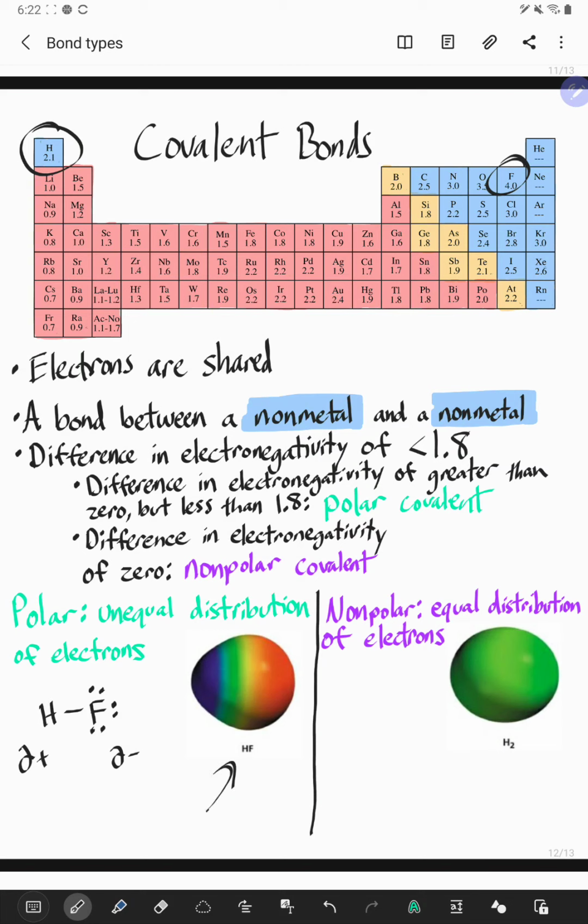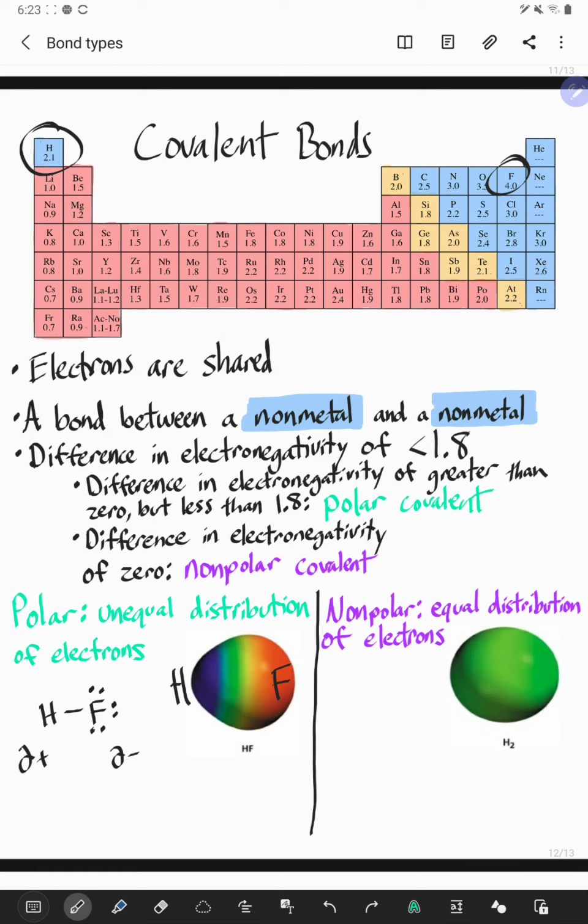This is also represented in one of these models. I forget what it's called, but the red represents where there's more electrons. So as you can see, we have fluorine and we have hydrogen. And the red represents where the electrons are. So there's a lot more electrons over here on this side than there are on the other side. Blue represents lack of electrons.